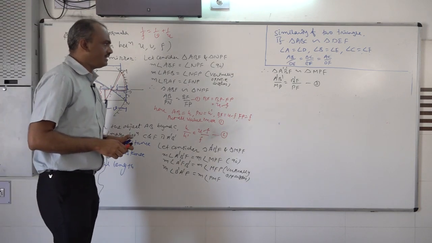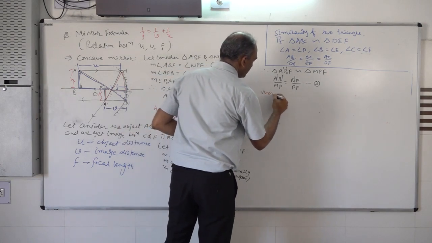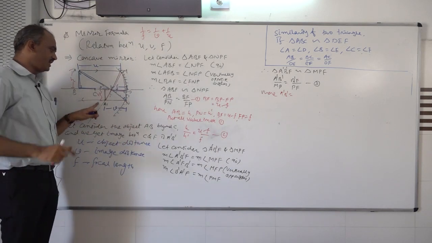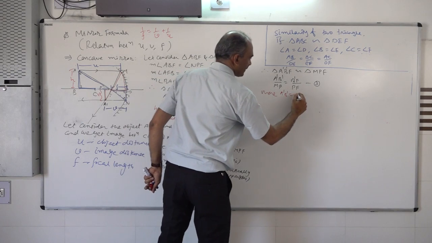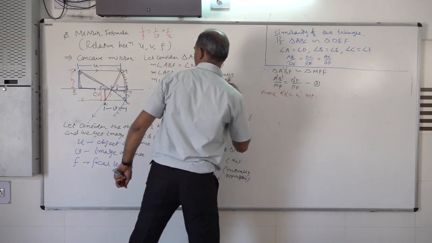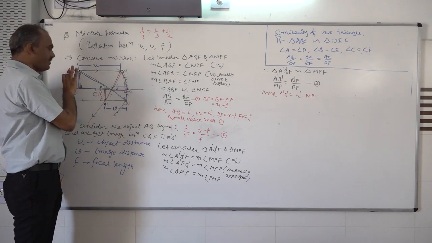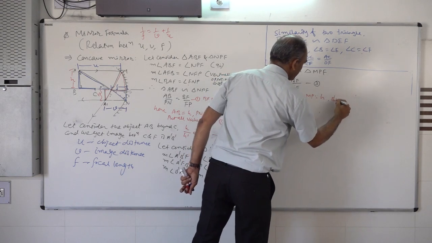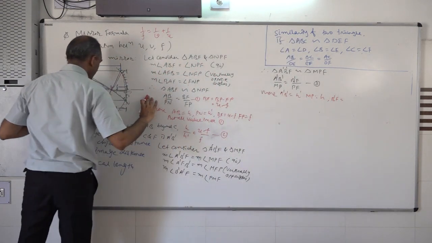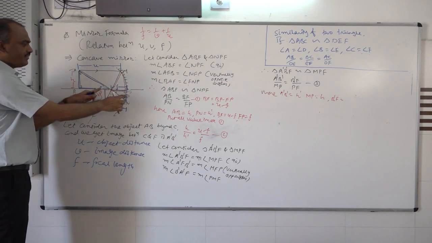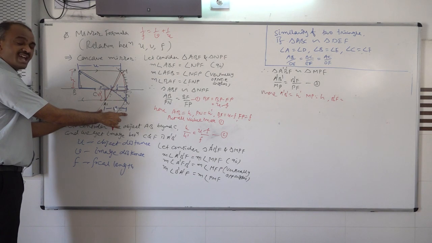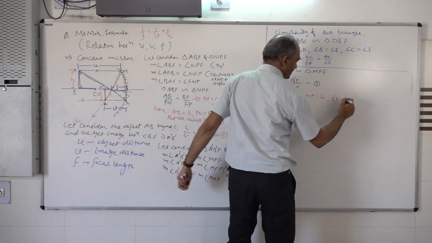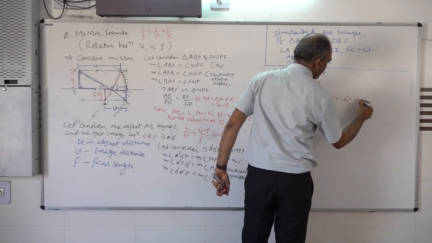Now for this we are writing the values. Here A dash B dash is nothing but the image height H dash. Now MP is equivalent to AB, nothing but the object height H. Now B dash F: we can write B dash P, the image distance, minus PF.